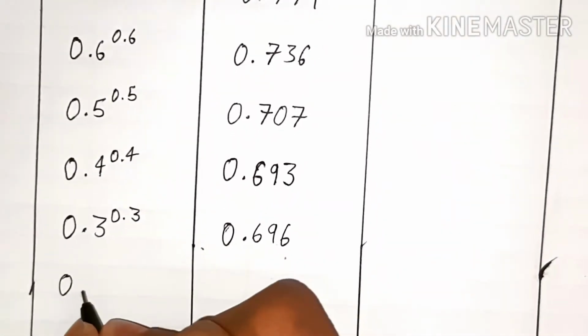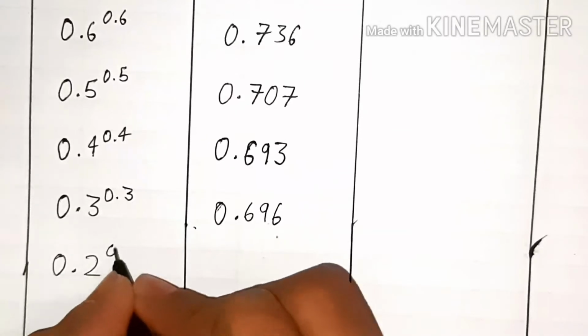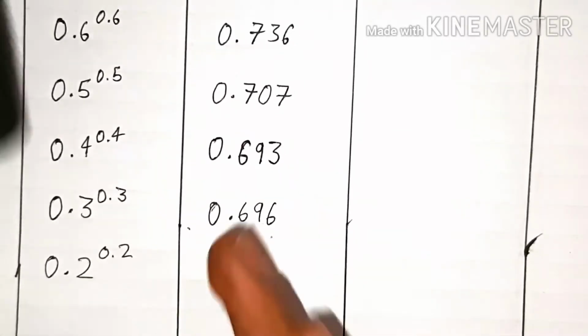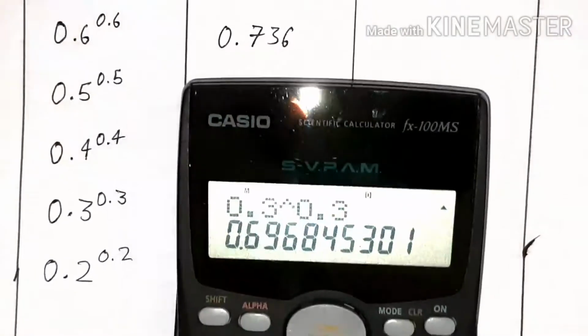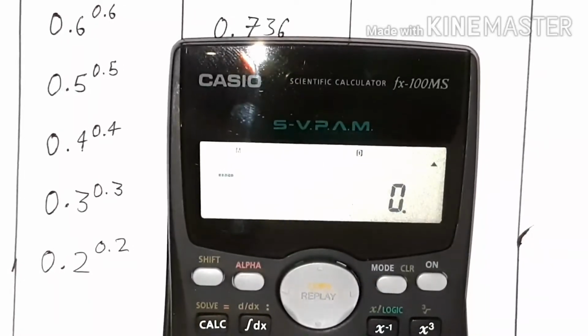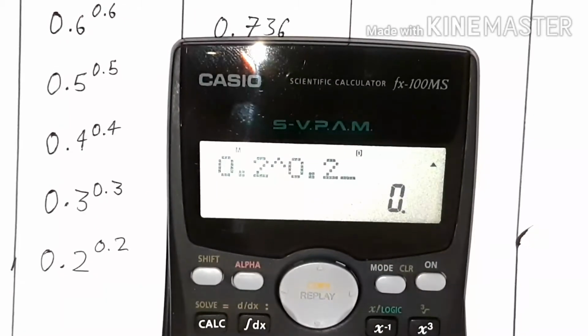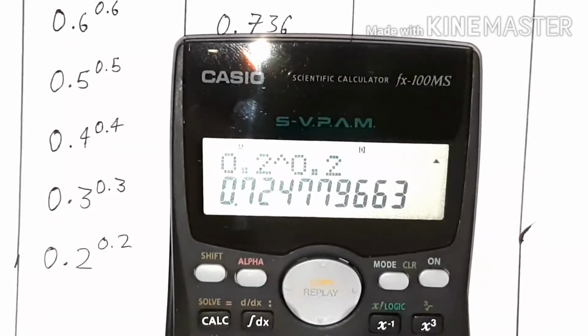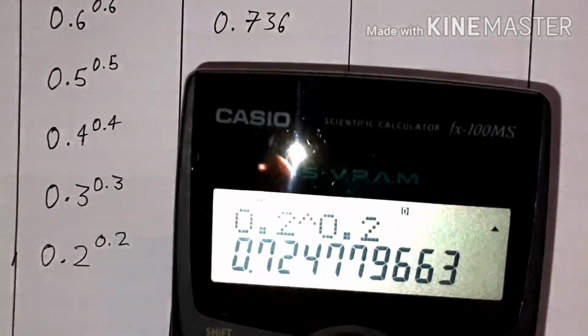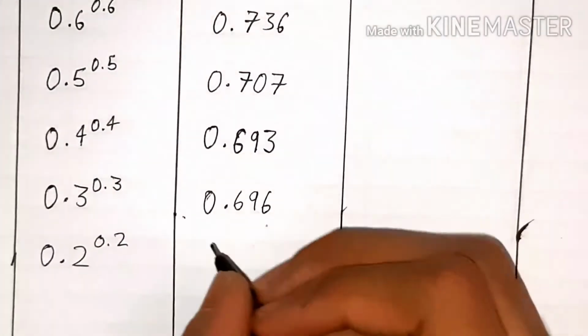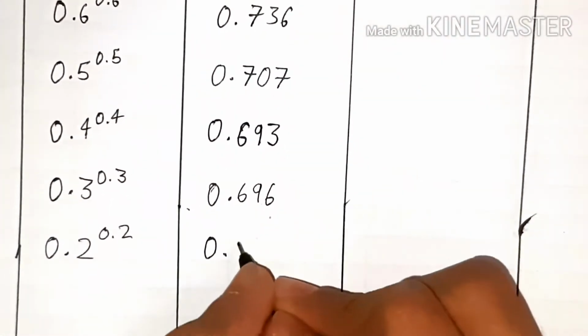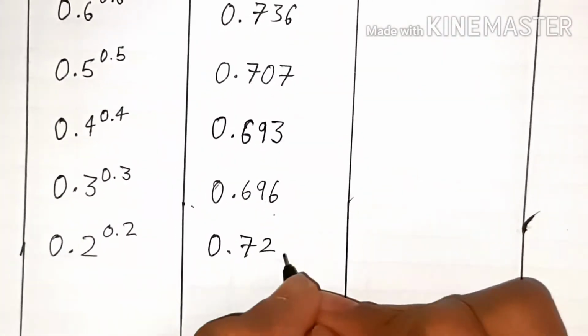Let's do it for 0.2 also. 0.2 raised to 0.2. Okay, what? 0.724.